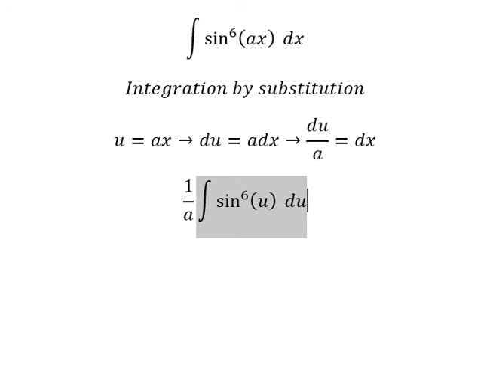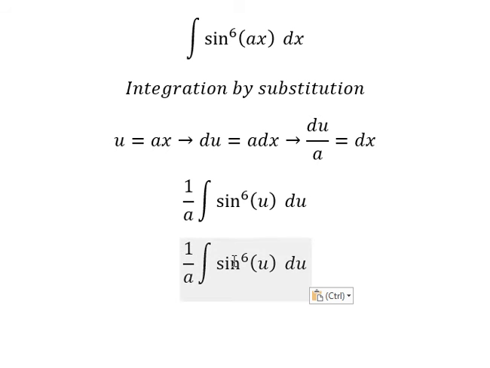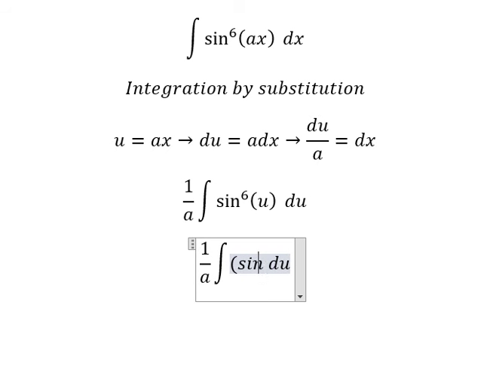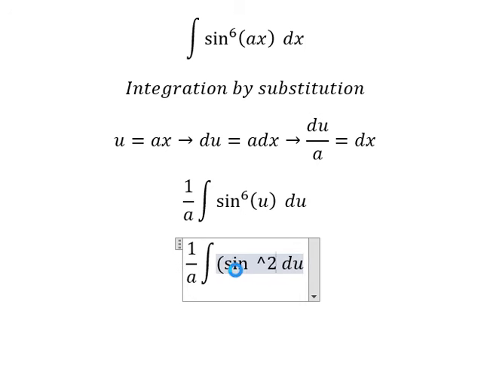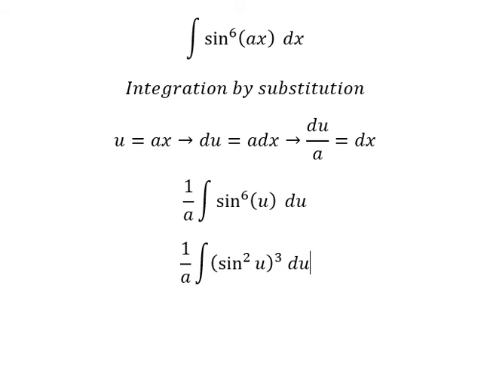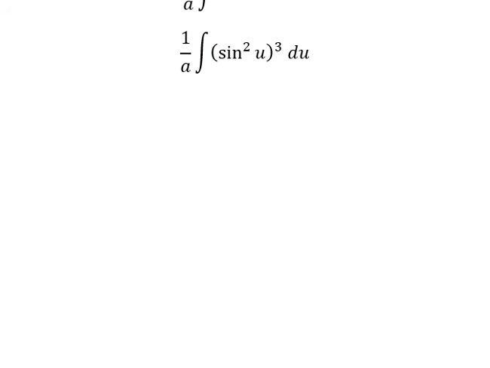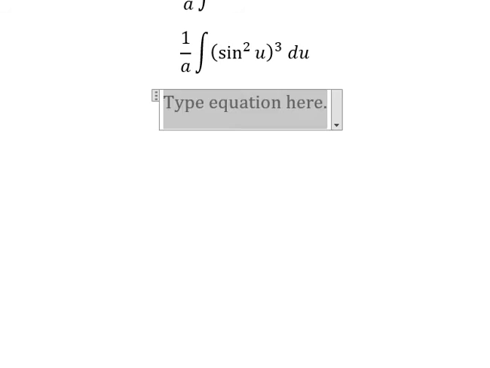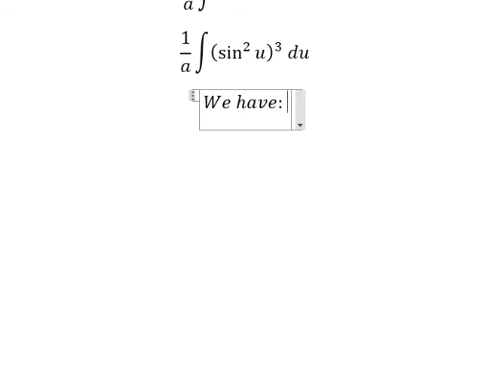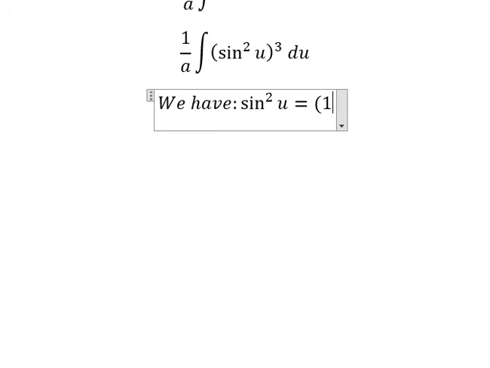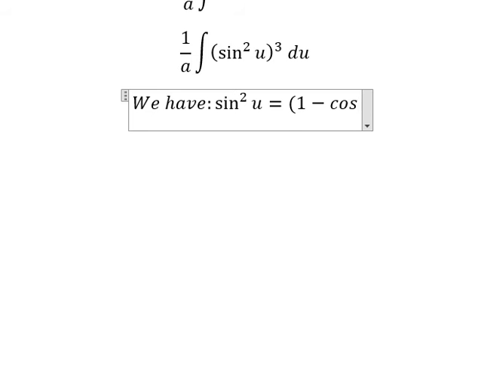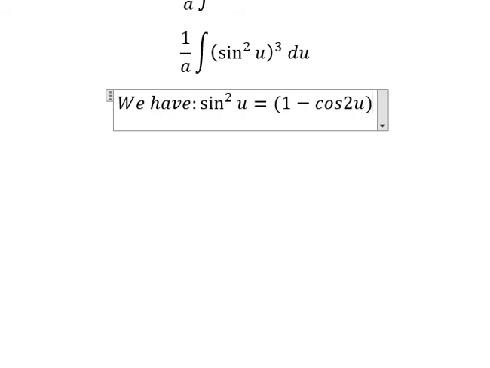Now, we know that sine u to the power of 6 can be written as sine u squared, everything to the power of 3. So we have the formula here: sine squared u equals 1 minus cosine 2u over 2.